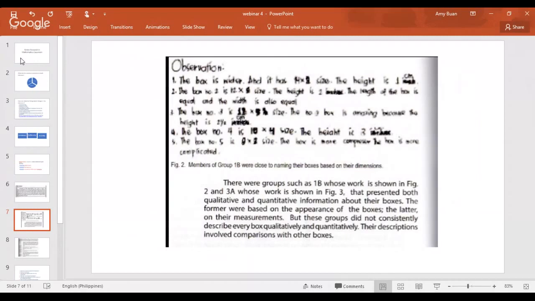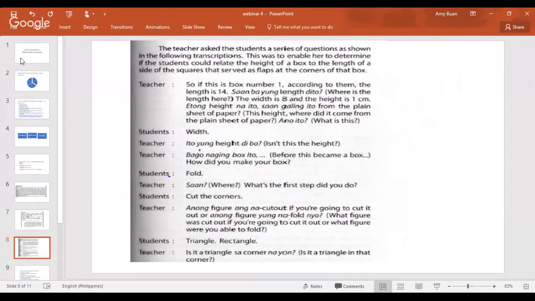So when you do that, you try to collect data during your implementation. So collected data could be the output of the students. Another one could be what are the different teacher and student interaction.